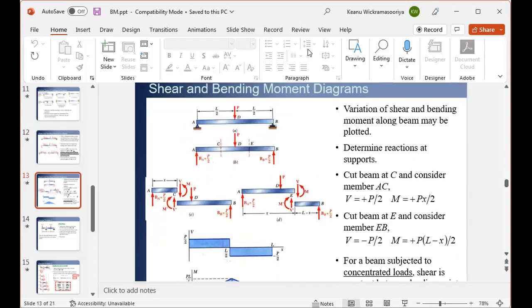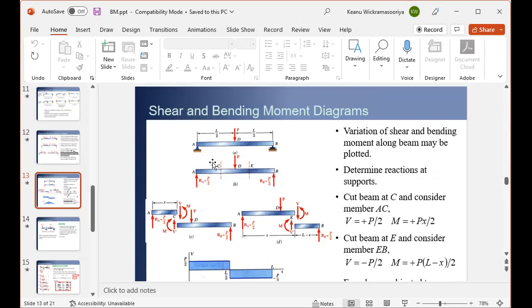Okay, let's do a very simple question and try to compute the bending moment and the shear force. One of the simplest cases is the simply supported beam with one point load at the mid of the beam, like this one. There is the beam AB.